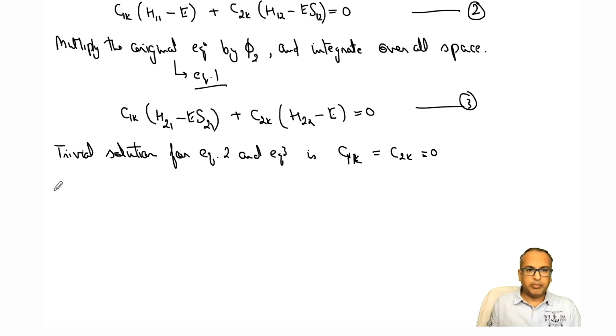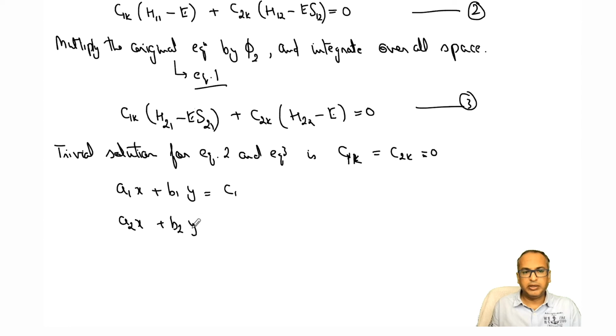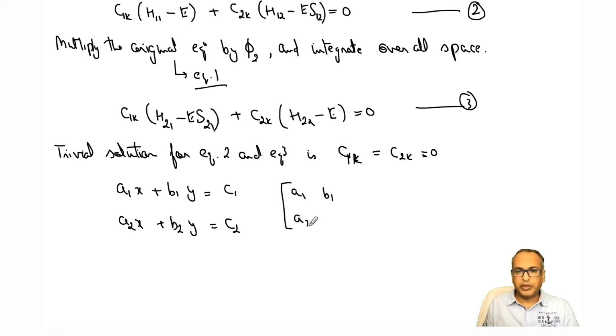If you remember, let's call it A1x plus B1y equals C1, and A2x plus B2y equals C2. You can convert this into matrix representation and write it as the matrix A1 B1 A2 B2 multiplied by x y, equal to C1 C2, right?